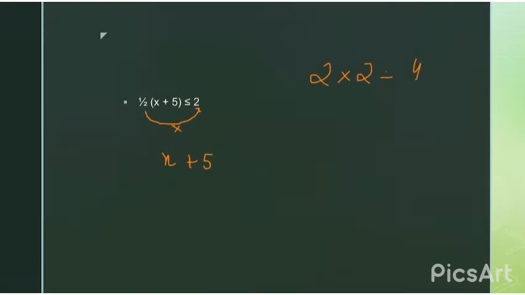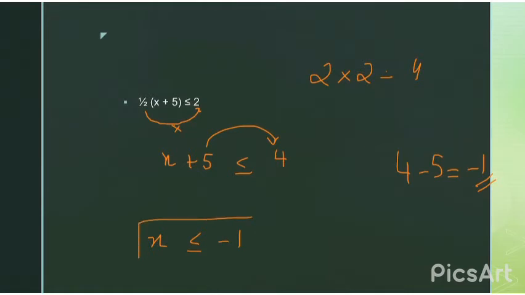So then it becomes x plus 5 less than or equal to 4. After that the 5 goes to the right side, so it becomes x less than or equal to 4 minus 5, which is equal to minus 1. So it is x less than or equal to minus 1.